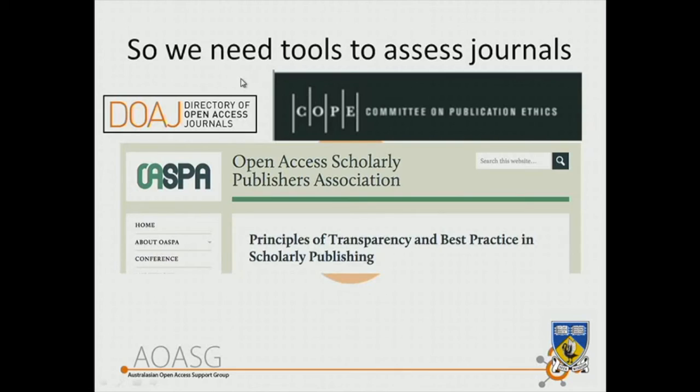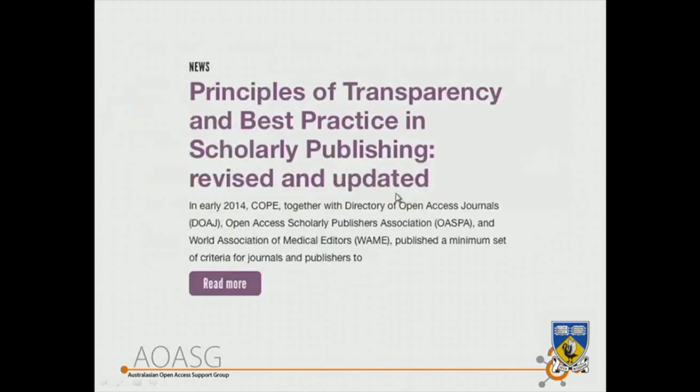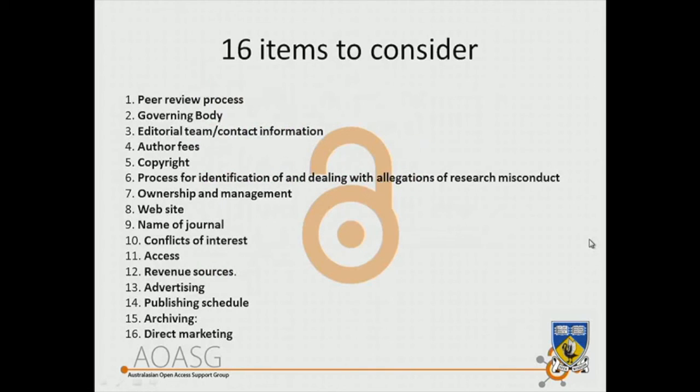The other organisations involved are the Directory of Open Access Journals and the Open Access Scholarly Publishers Association, and just today we published the updated version of these principles, and I'd encourage you to look at them, because what we're trying to do is to give some things to consider when you're trying to pick your journals.